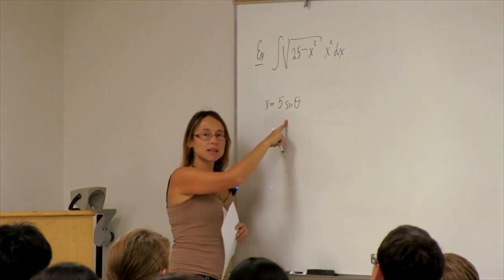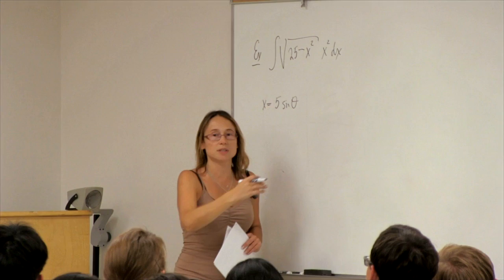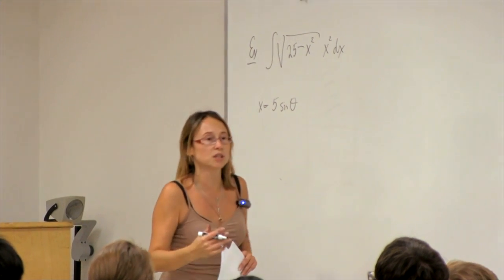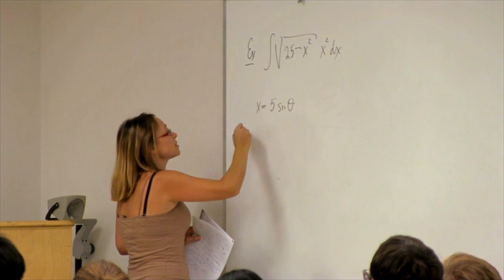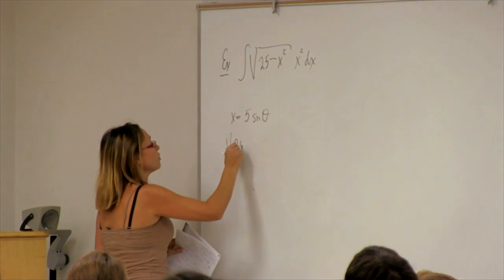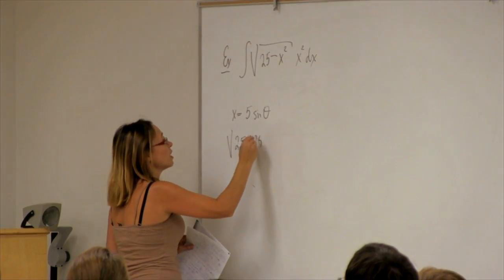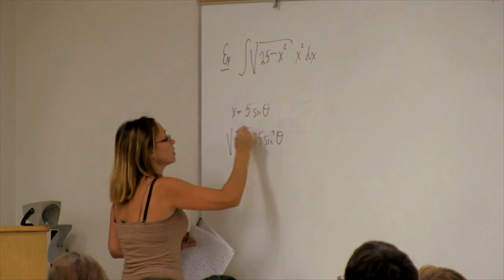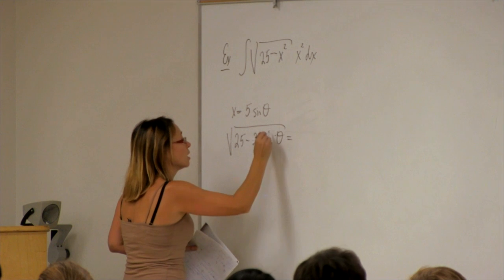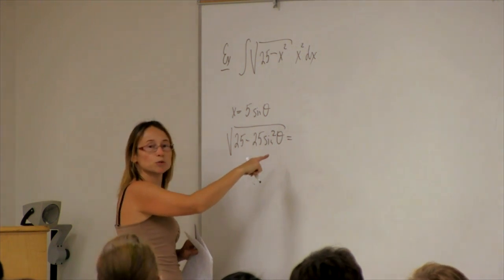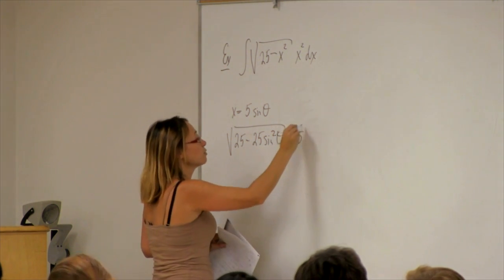Let's now implement this, and you will see immediately what advantage it gives you. Okay, so first of all, let's substitute this into the square root. So we have 25 minus 25 sine squared theta. You will see that it immediately simplifies this. Okay, so we can take the square root of 25 out. That gives me 5.